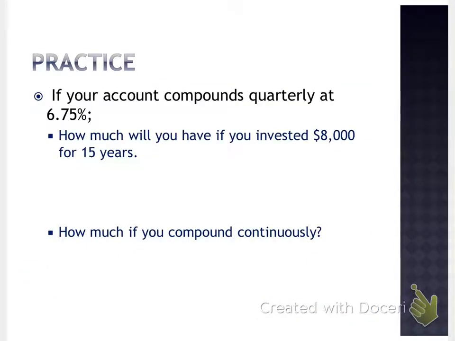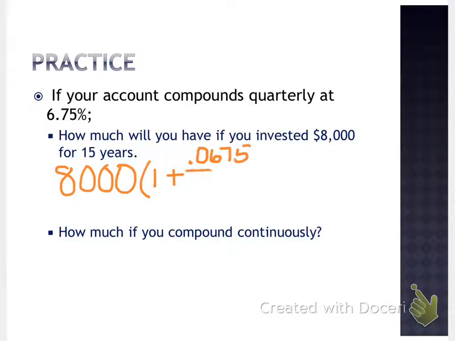All right, so let's look at an example with money. Let's first compare compounding quarterly and compounding continuously. So if your account compounds quarterly at a 6.75% rate, how much will you have if you invested $8,000 for 15 years? So this means my P value, my initial value, is 8,000 times 1 plus my R, which is 0.0675, over N, since it's quarterly, N is 4.